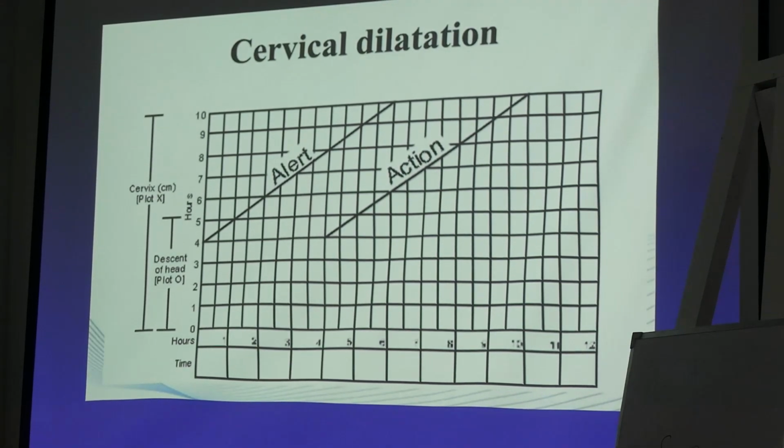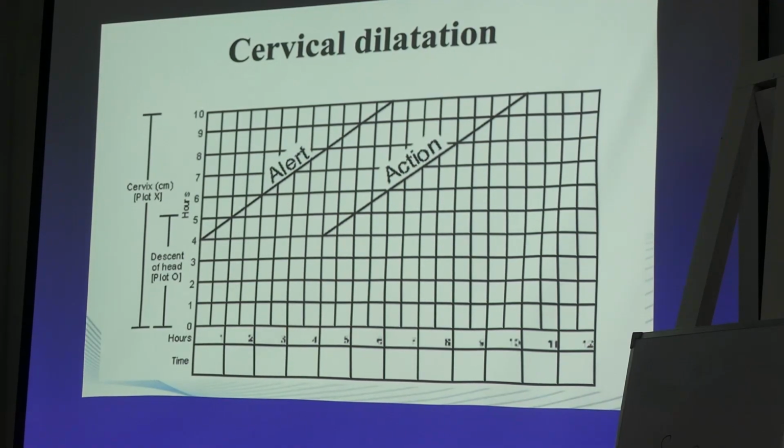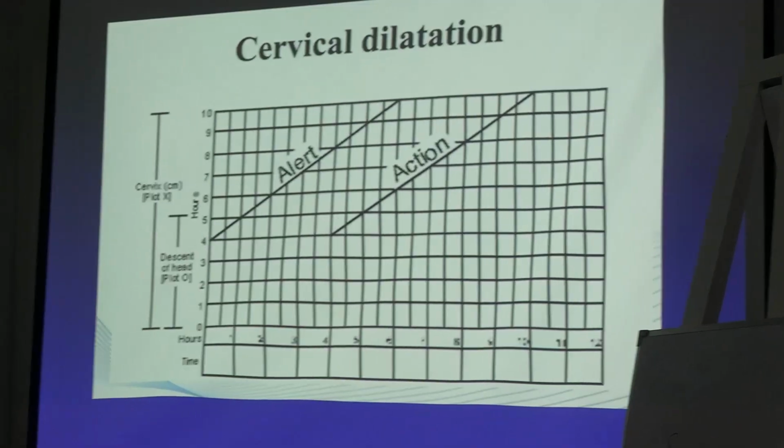That means already 4 hours have passed, you have already augmented the labor, but still dilatation is 6 centimeters. Can you dilate the cervix? No, that is not in your hand. In your hand only power is there, not passage or passenger. The power you have already done, you have augmented the labor. What can you do now?